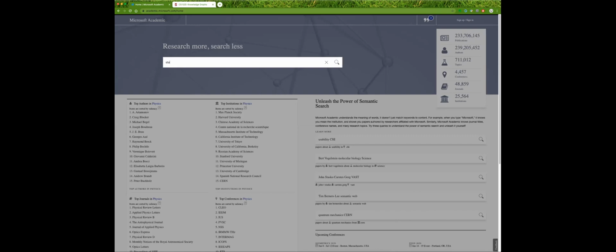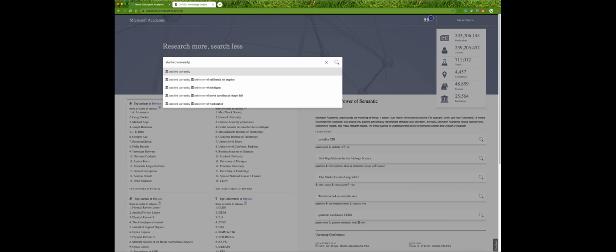Say you are interested in Stanford University. It will recognize Stanford University as an institution. And on the search result page, in the top right corner, the system, based on the academic knowledge graph, recognizes Stanford University as a research institution.